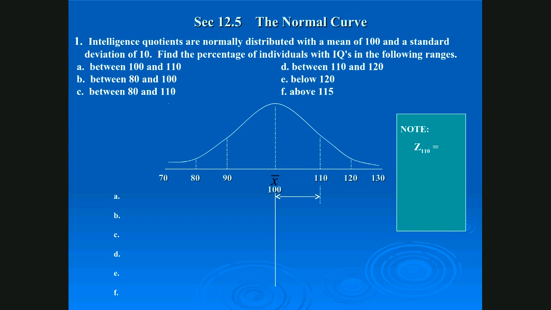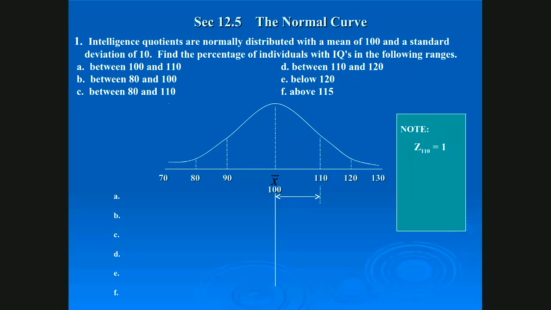Here's our mean. We're 1 standard deviation above the mean. Our z-score is 1. And I wrote a little subscript of 110 there, so this way I know that that z-score is for 110. I'm going to be writing down a few z-scores, and I don't want to get confused between them.